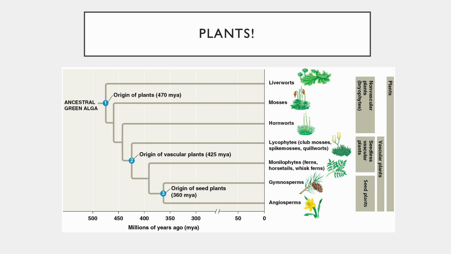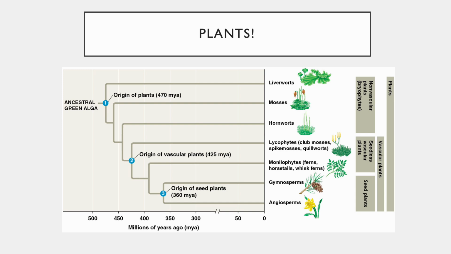So we see in our non-vascular plants that include liverworts, mosses, and hornworts, they are starting to take on some of the characteristics that allow them to survive on land and not be entirely dependent on water. And as they evolve, as we make our way down our family tree here, they're going to become less and less dependent on water for things like reproduction and survival. We move on to our vascular plants, at first seedless.